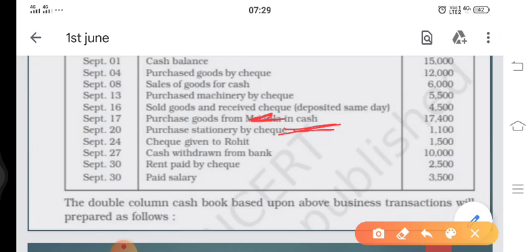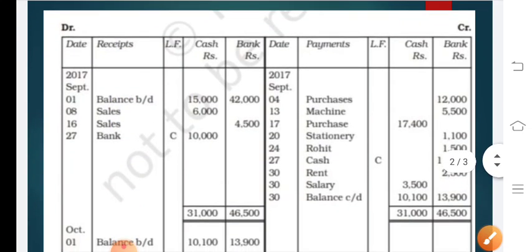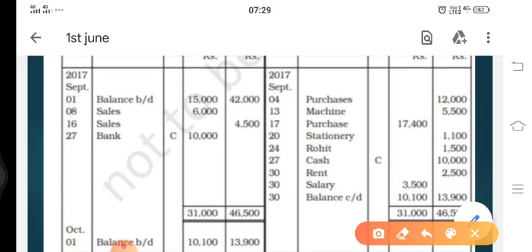Because purchasing goods from anyone, we have to make a payment. Now, since we purchased goods and paid cash, cash is going out from the business, so we'll write here by purchases. Since payment was made by cash, the amount will be written in the cash column.